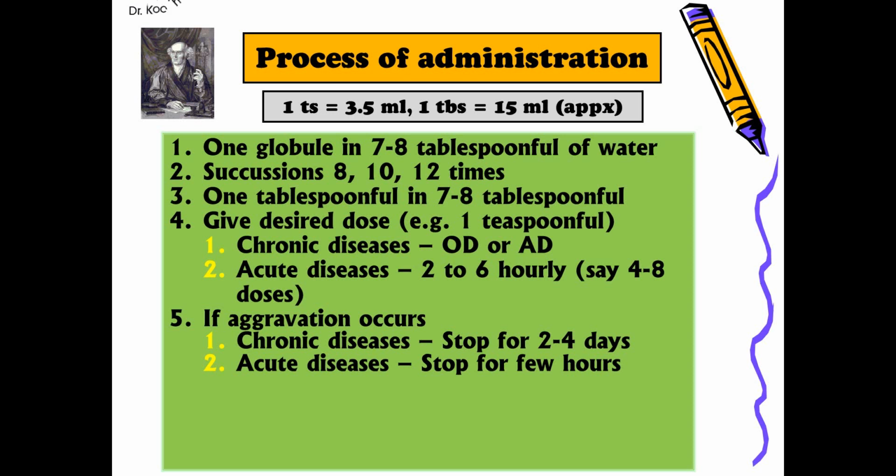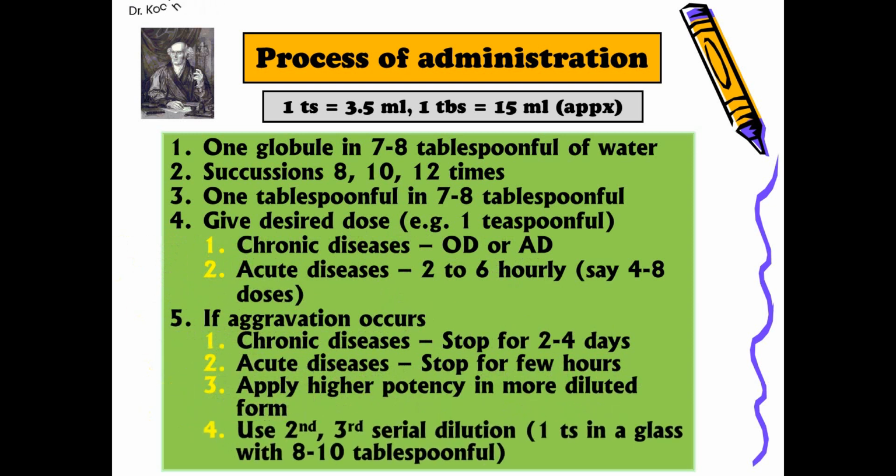Stop the medicine for 2 to 4 days. And in acute diseases, because repetition is more, you can stop for a few hours, 4 to 6 hours, don't repeat. The aggravation will pass off, because the action of the medicine is of short duration. You have already reduced the duration of action of the medicine by adjusting the dose.